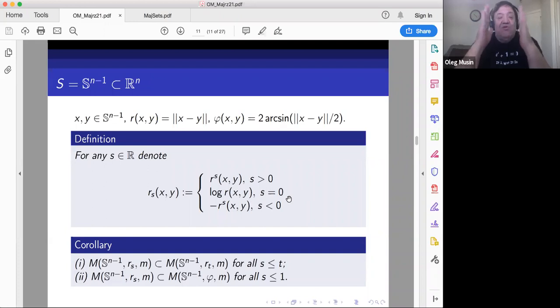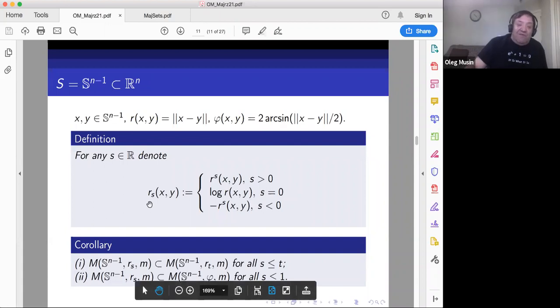I'm not going to consider rho as only one distance, but there are two: the Euclidean distance and also the angular distance. For any two points we have a distance, and of course there is a famous relation between angular distance and Euclidean distance.